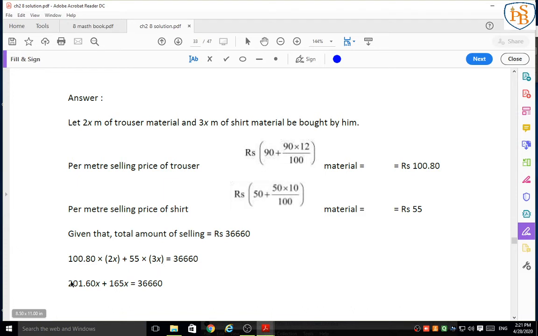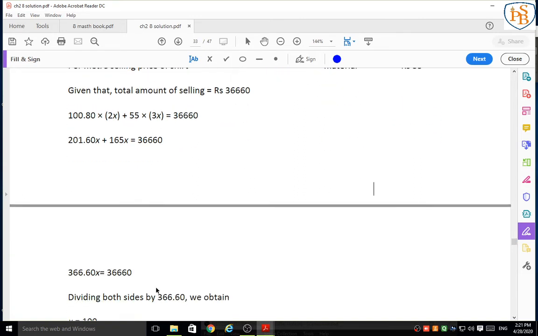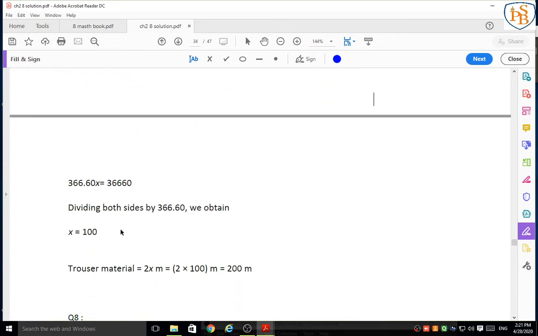On addition and multiplication, we get 201.60x plus 165x is equal to 36,660. And on solving this equation, we get the value of x, that is 100. They told us to find out how much trouser material he bought, that is 2x. So 2 into 100 is 200 meter. Okay.